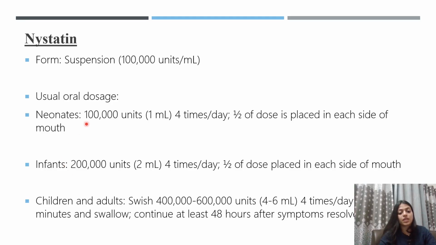So this is based on the age. In neonates it is lesser in dose, 1 lakh, and then in infants it is increased up to 2 lakhs, and in children and adults they have to swish around 4 lakh to 6 lakh units, that is 4 to 6 ml 4 times a day. Okay, and then they're supposed to swallow it.